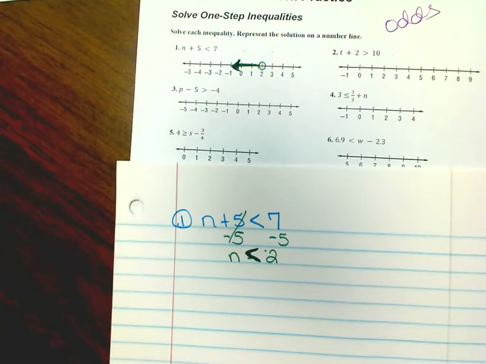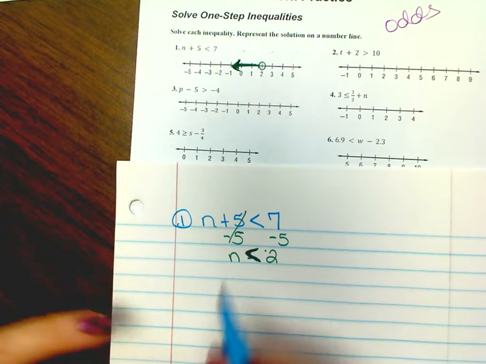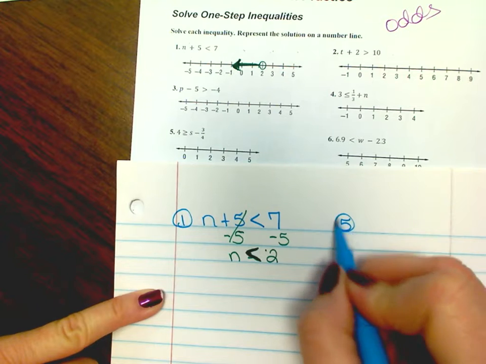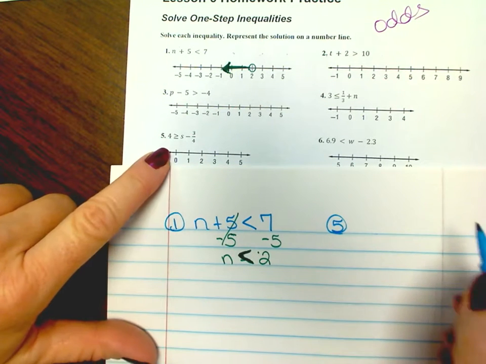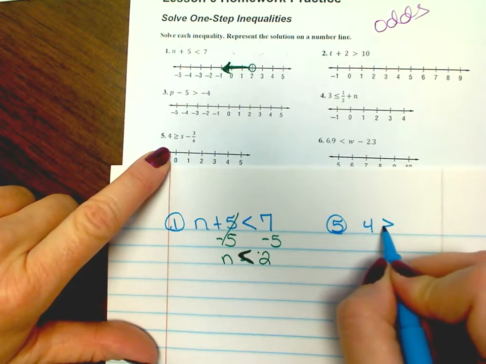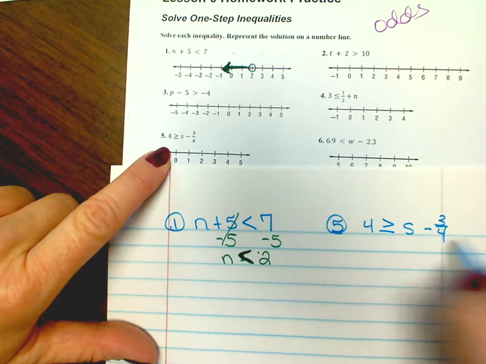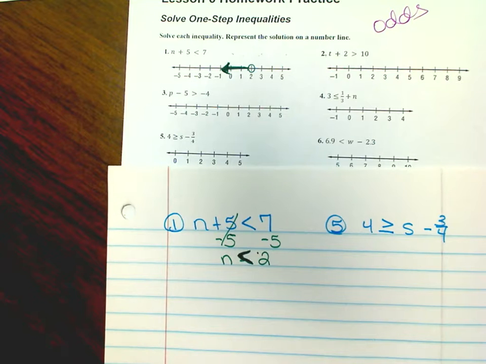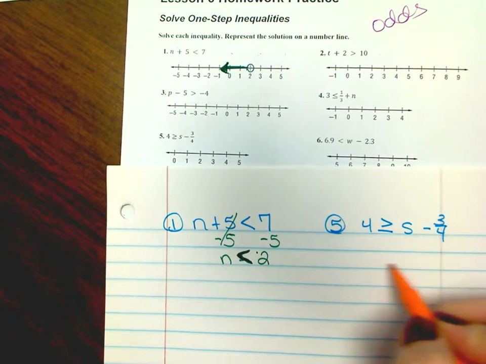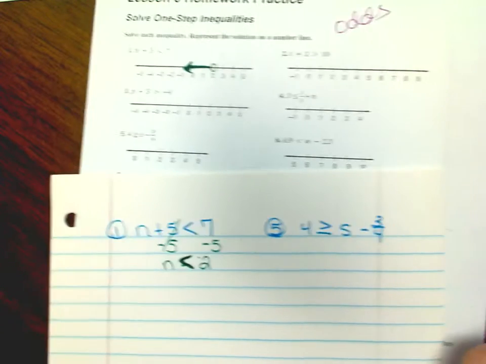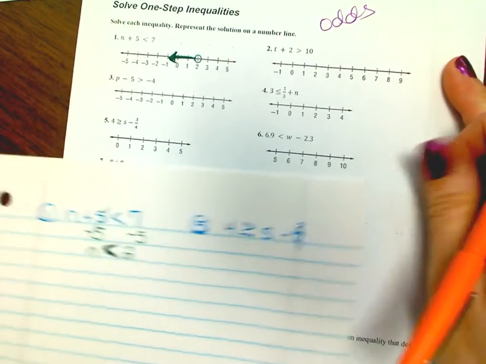I'm going to skip on down. Let's go to 5. Four is less than or equal to s minus 3/4. So again, I want to get all my numbers on one side. I want to get it away from the variable.